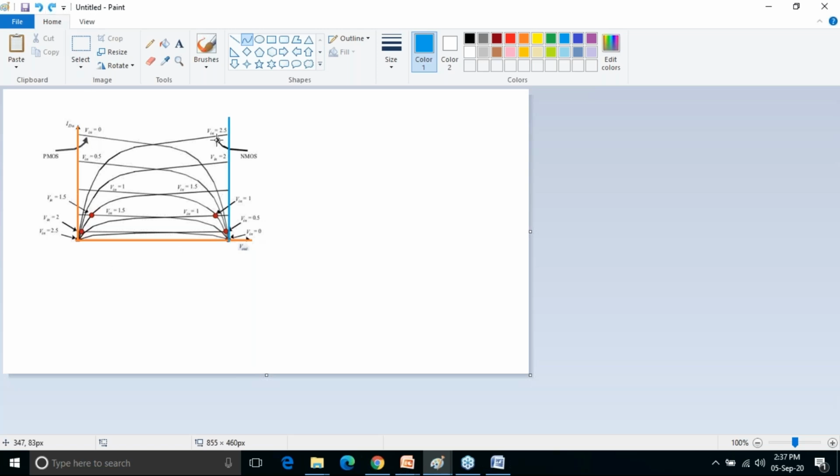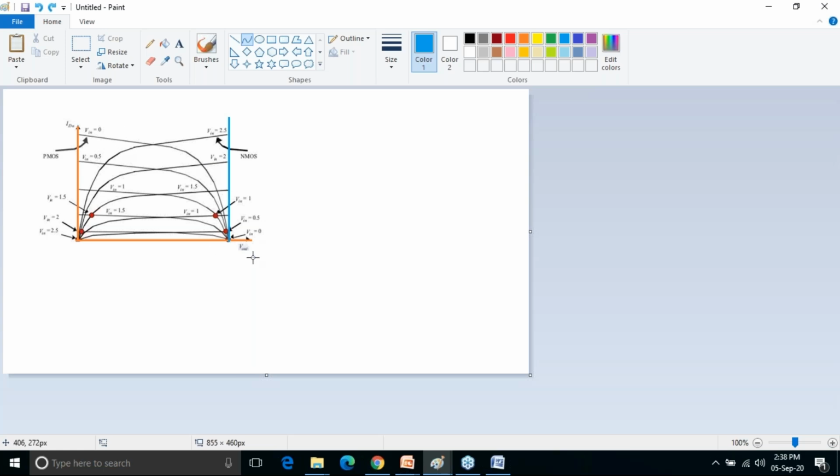Second, you need to just add this line. Now just see my arrow. From this to this, we are drawing our PMOSFET characteristic, because I need to see the position of the NMOS when the PMOS is on, and the condition of the PMOS when the NMOS is on. So for that, I am combining these graphs together.